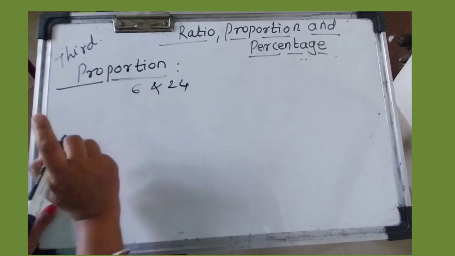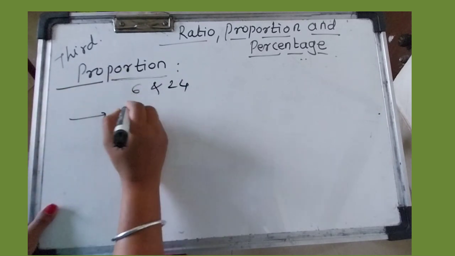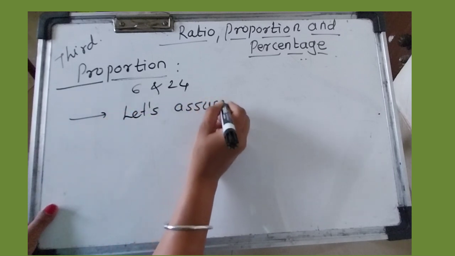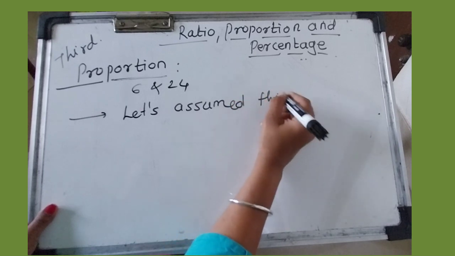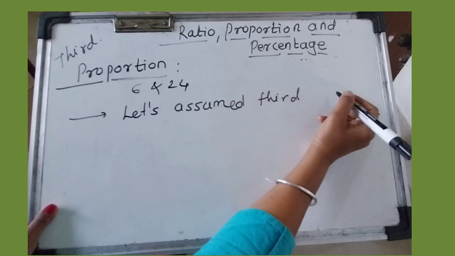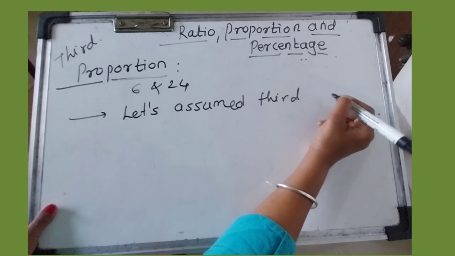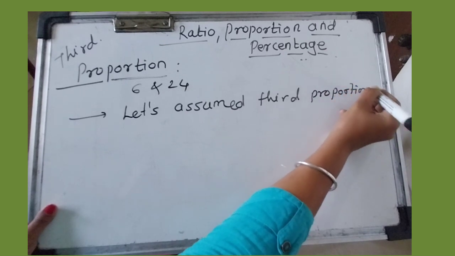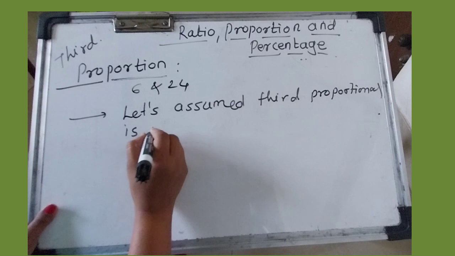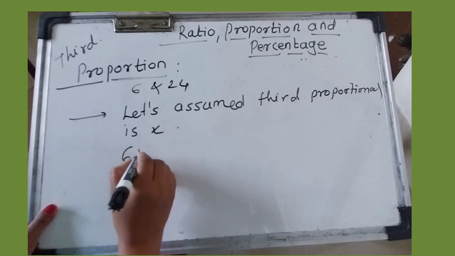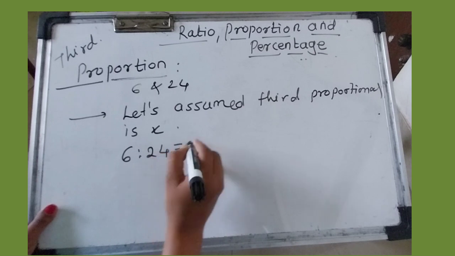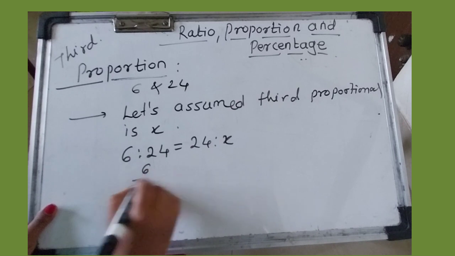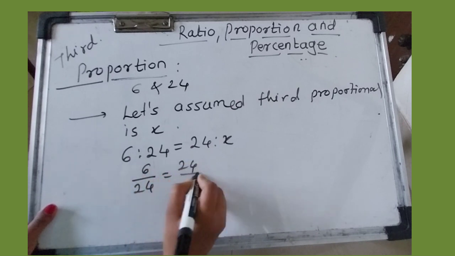Let us assume that the third proportion is x. We write it in continued proportion: 6 upon 24 equal to 24 upon x.